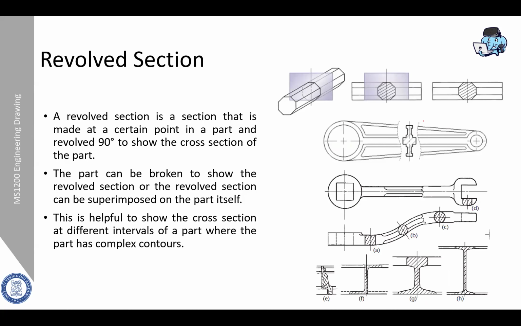Okay, the next type is what we call a revolve section. What is this? A revolve section is a section that is made at a certain point in a part and revolved 90 degrees to show the cross section of the part. For example, we have in 3D like this one, the part is like this one. So this is the cutting plane. And then actually this is the cross section.